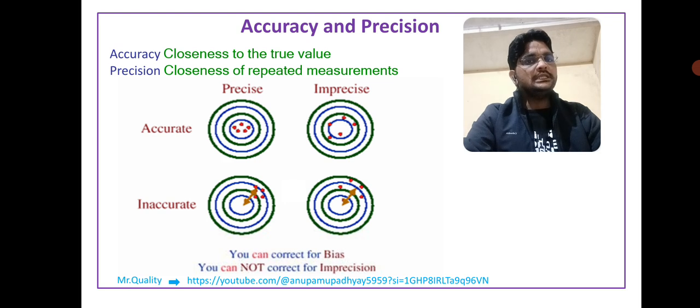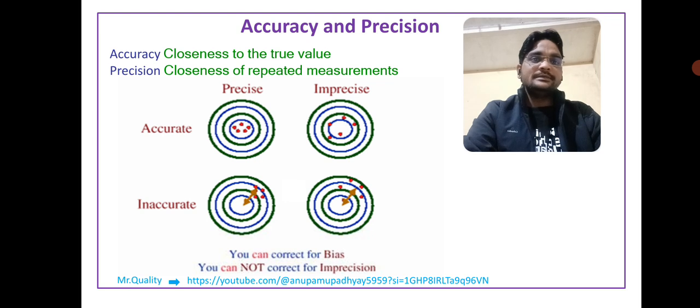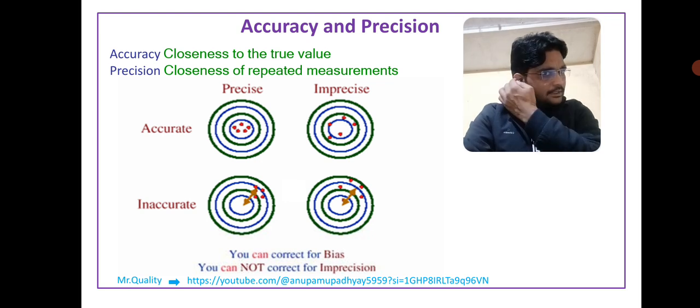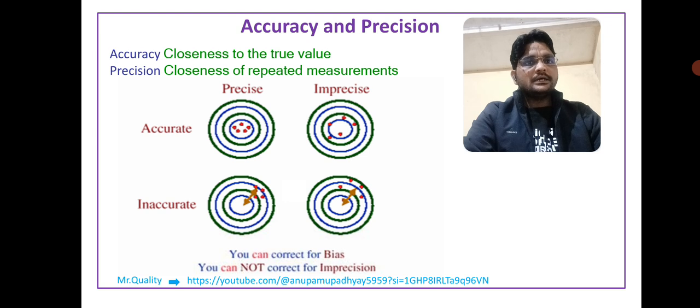The measurement is inaccurate, but the values are close to each other, so precise. Inaccurate but precise. In the fourth diagram, values are away from the center or true value, and the repeated measurements are away from each other. It is neither accurate nor precise. The fourth diagram is inaccurate and imprecise.